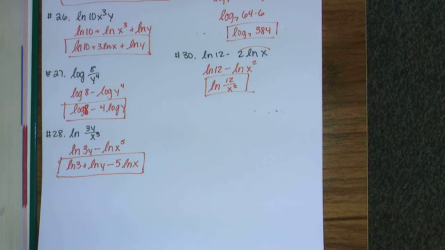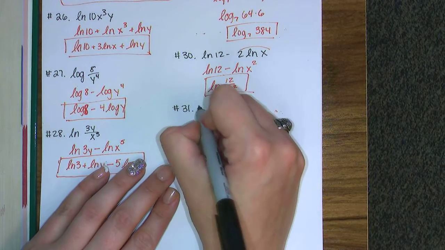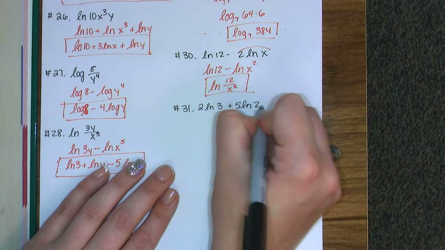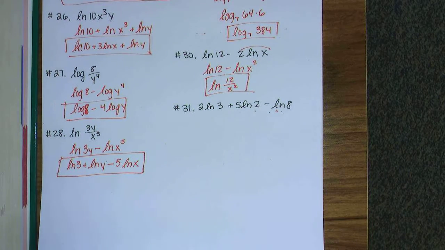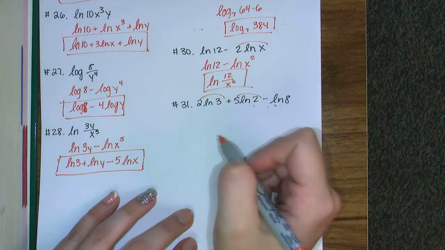All right, 31, 2 ln of 3 plus 5 ln of 2 minus ln of 8. So this is another one where I got answers all over the board, but the answer is actually really simple. My first recommendation here would be to throw these powers back on top.